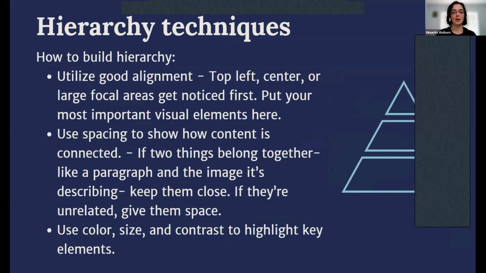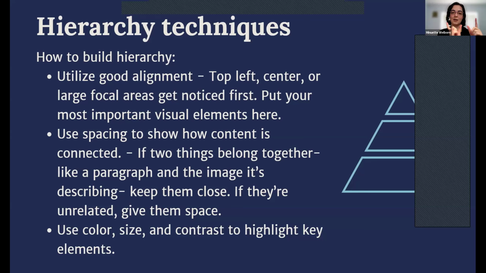So in order to build good hierarchy, using that alignment, like I talked about, and spacing is also very important. So people will see things spaced closely together as if they're related. So if you have, for example, a caption to a photo, you don't want that to be way over here when your photo is way over here.